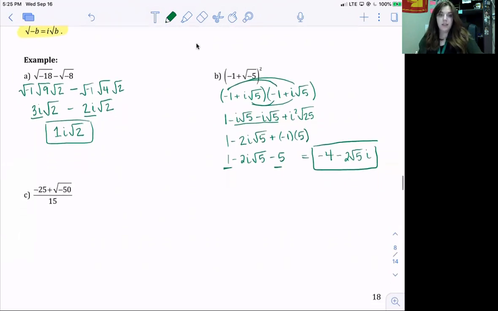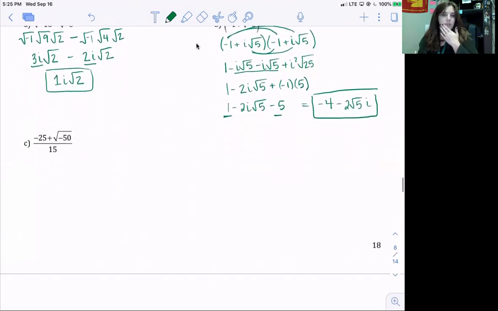Okay, and then last one, negative 25 plus the square root of negative 50, all divided by 15. So we can reduce this. If we look at the square root of negative 50, this is the square root of negative 1 times the square root of 50.